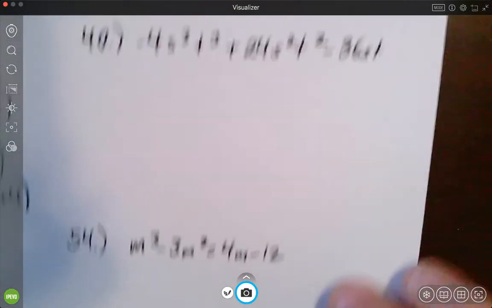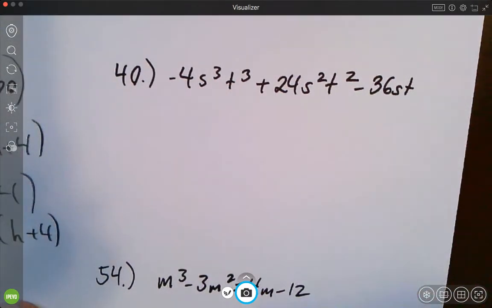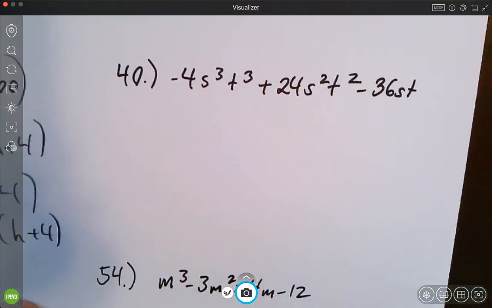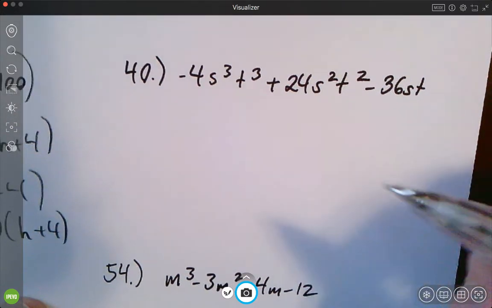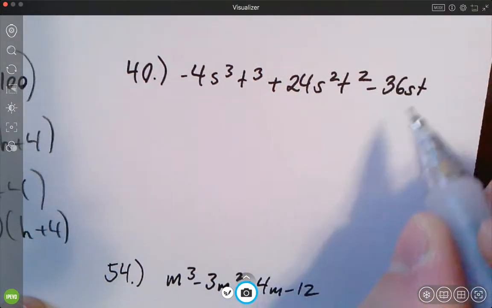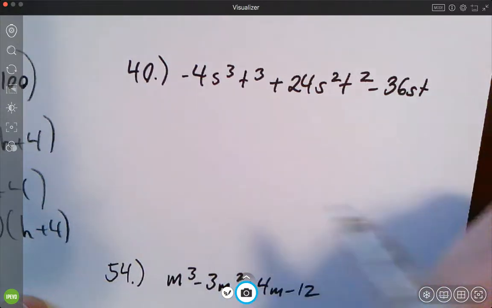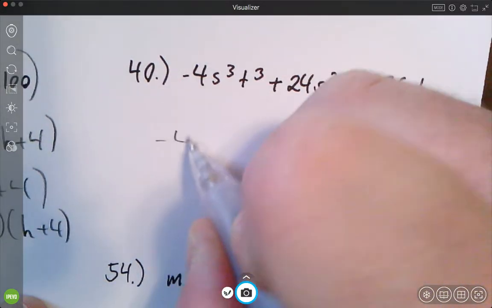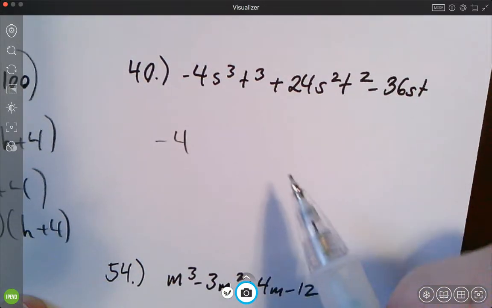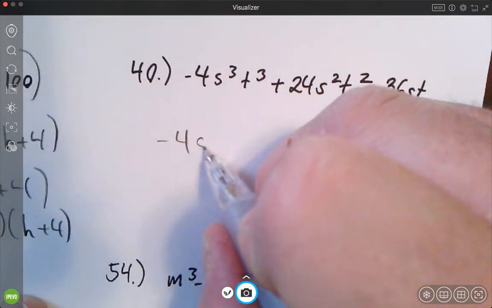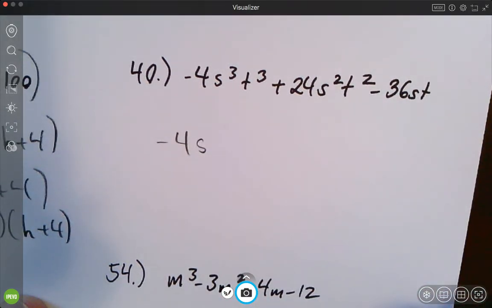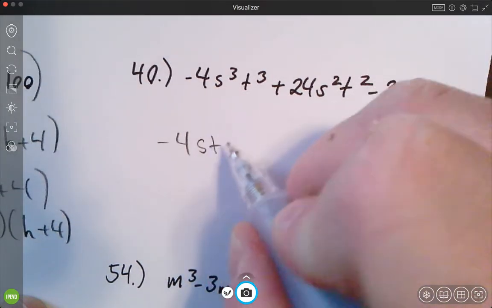Number 40. Let's see what happens with this one. This one was kind of a lot, but I thought it was interesting to do. It's a trinomial. I can definitely take out a negative 4. For the s's, I can take out at least one s in common. For the t's, is it just one t? Yeah, it's one t in common.